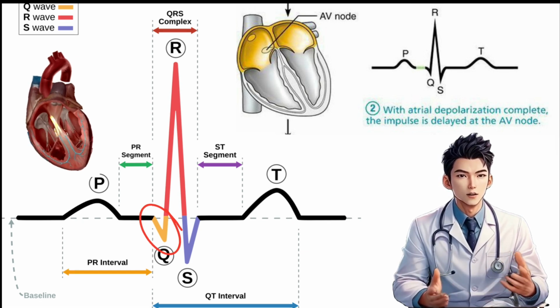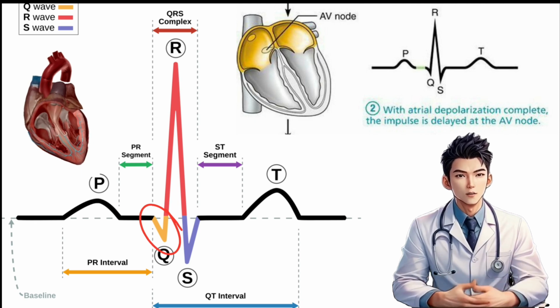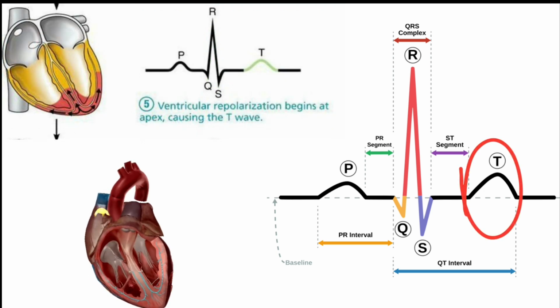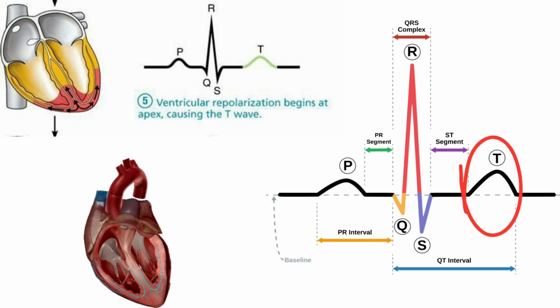After that, the current flows forward in the direction of lead 2, and you will see a beautiful tall QRS complex that shows ventricular depolarization. After that, there is ventricular repolarization, and the ventricular repolarization vector also has the same direction towards the lead. Therefore, you see a positive deflection, called the T wave.